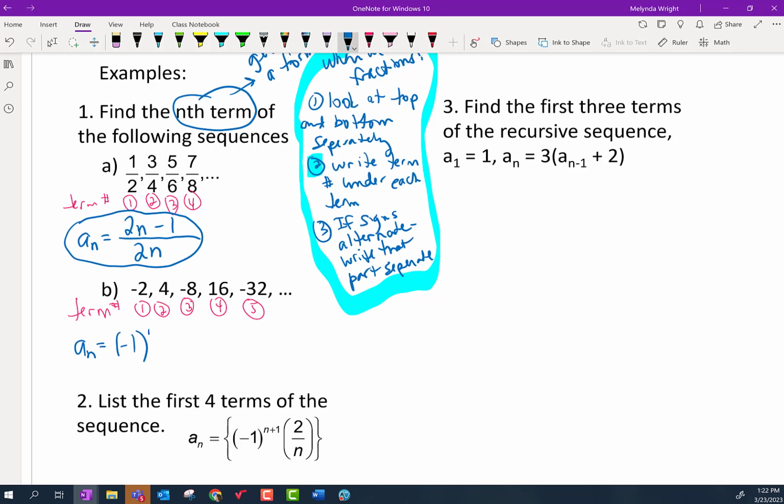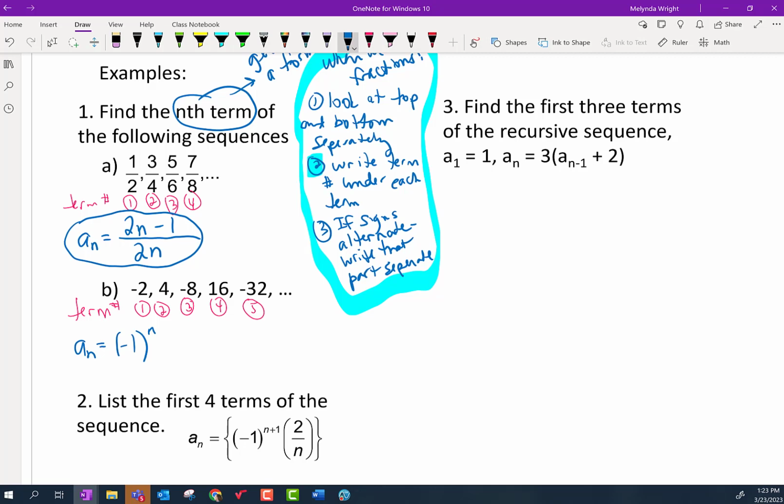If I write it to the n, let's see if this works. If I do -1 to the first power, do I get a negative number? I do, don't I? -1 to the first power is negative. What about -1 to the second power? Do I get a positive number? Okay, -1 to the third power, I get a negative number.